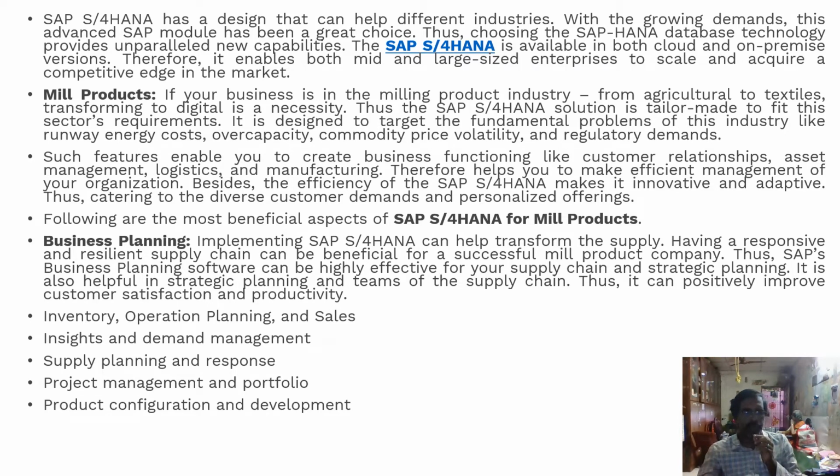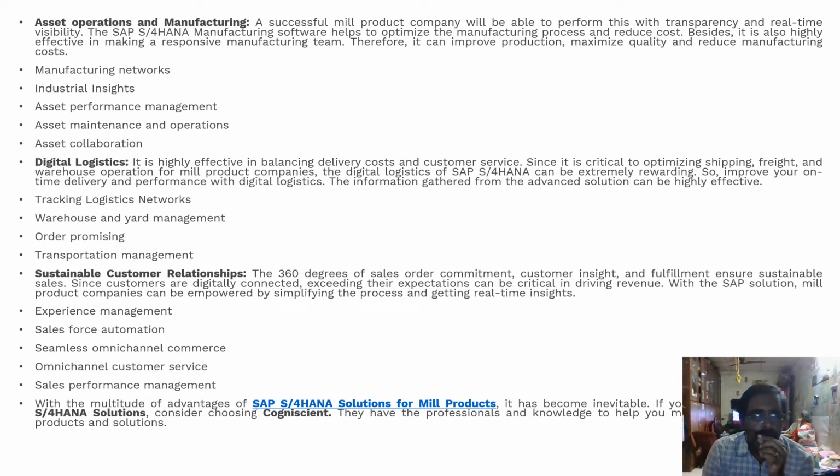Everything is automated now, in inventory operation, planning, sales, procurement, supply planning and response against customer requirements, project management and portfolio management, product configurations and developments. So giving a 360 degree overview of demand management, everything is possible with SAP S/4HANA or ECC implementation in the pulp industry. So now we have the model information in detail. The first thing is asset operations and manufacturing.